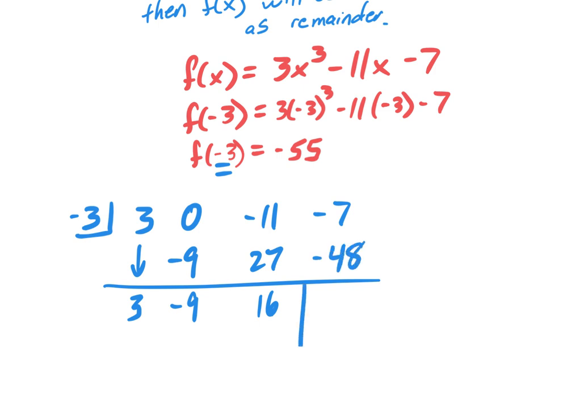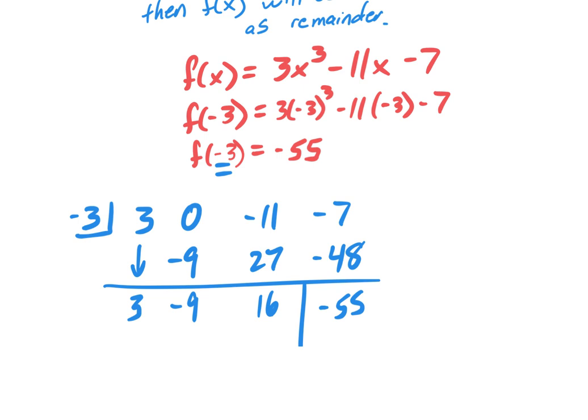And if we go through all of that, notice what your remainder is. Negative 55. So my remainder will be the same as what I get when I evaluate a function. Okay? And the reason I show you both is just because if I ever ask you to evaluate f of negative 3, you could do synthetic division. I would say this would probably be easier, okay?